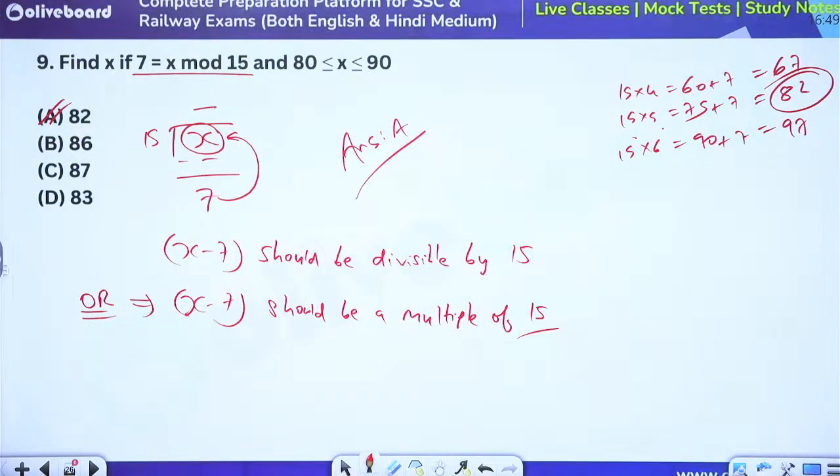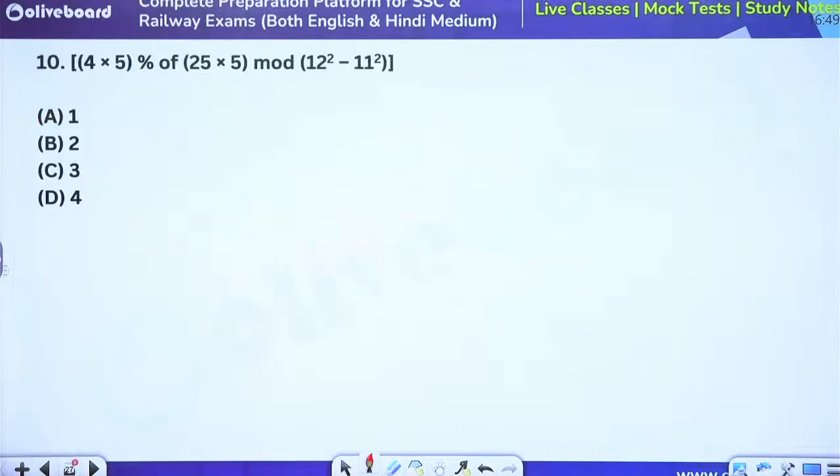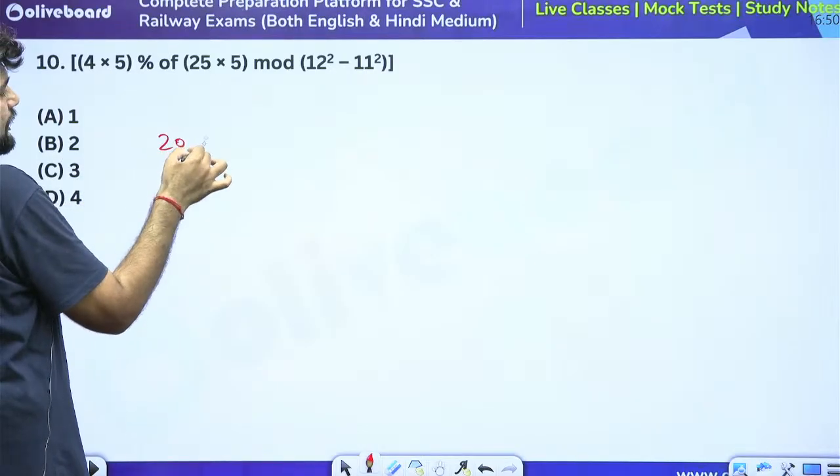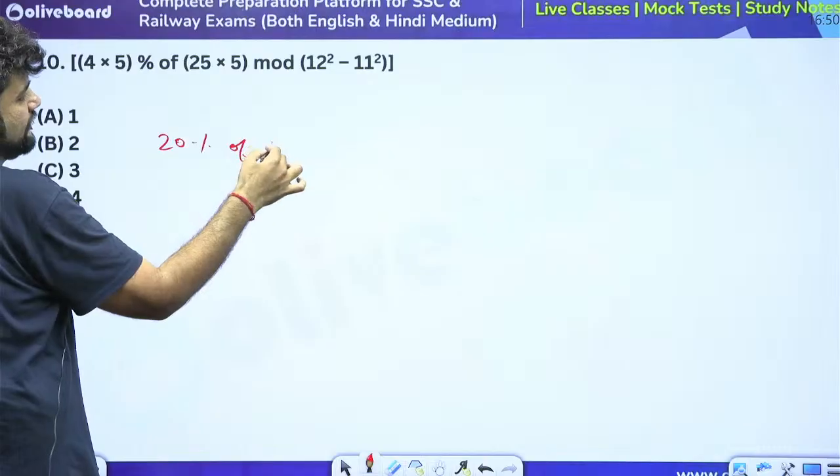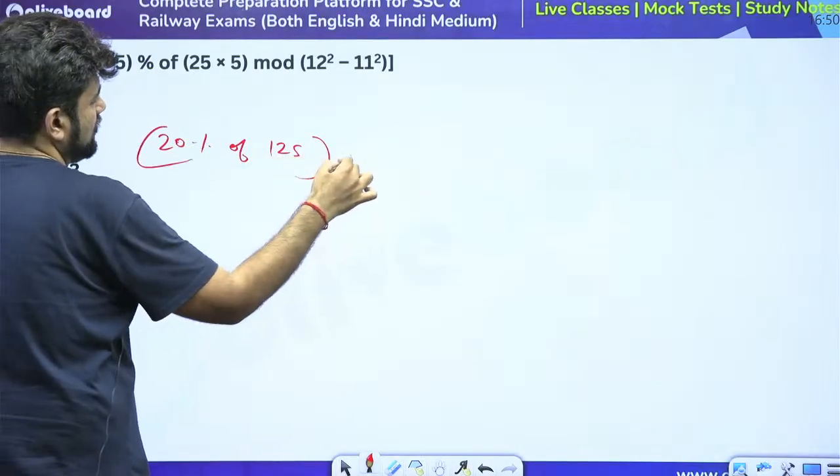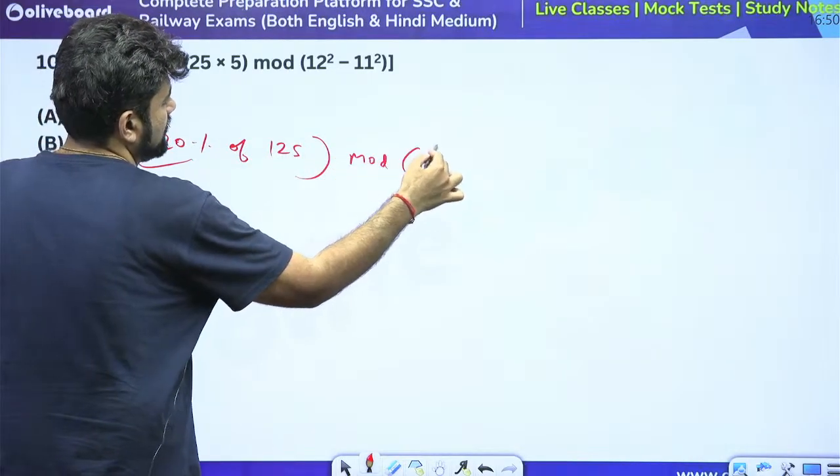Okay. Last question for today. What is the value of this? So 4 into 5, that is 20% of 125 mod 12 square minus 11 square.